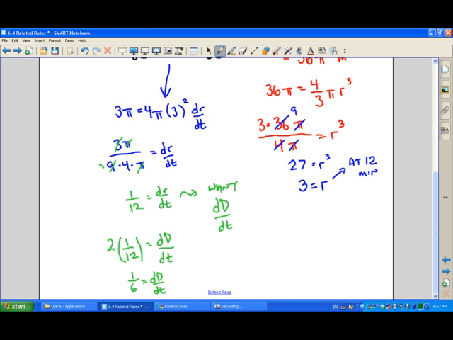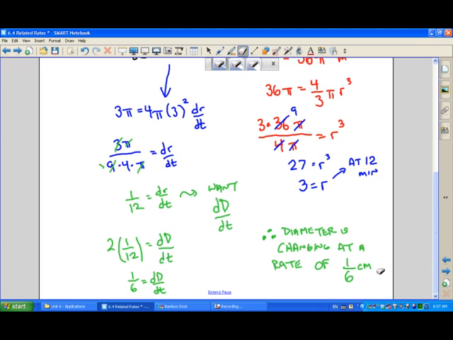Which means that my change in diameter with respect to time is 1/6. So diameter is changing at a rate of 1/6 of a centimeter. Sorry, let's keep our units consistent. 1/6 of a meter per minute.